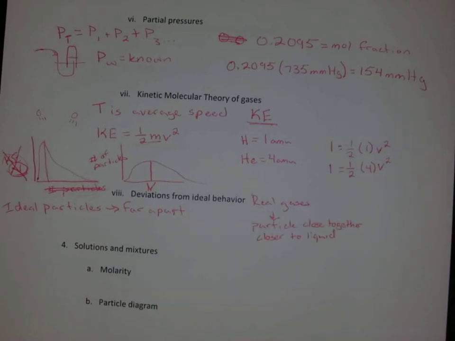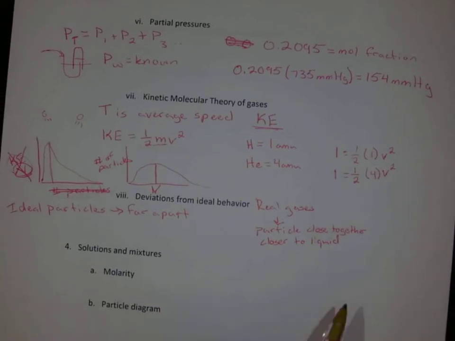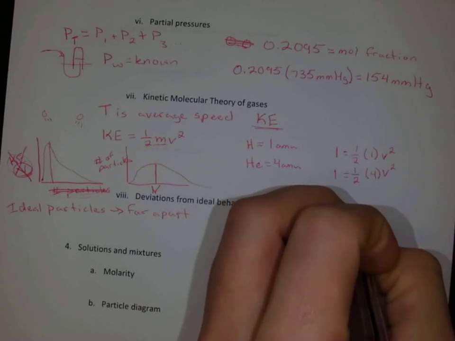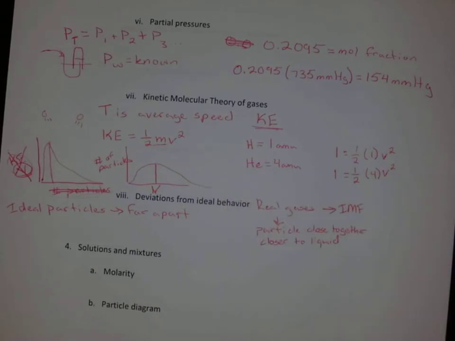In our liquid, our particles are closer together. So with our real gases, oftentimes we force those particles closer together, and now they don't behave as an ideal gas because the particles are just closer together. They're more similar to a liquid. We also are going to get real gases when we have intermolecular forces that come into play.